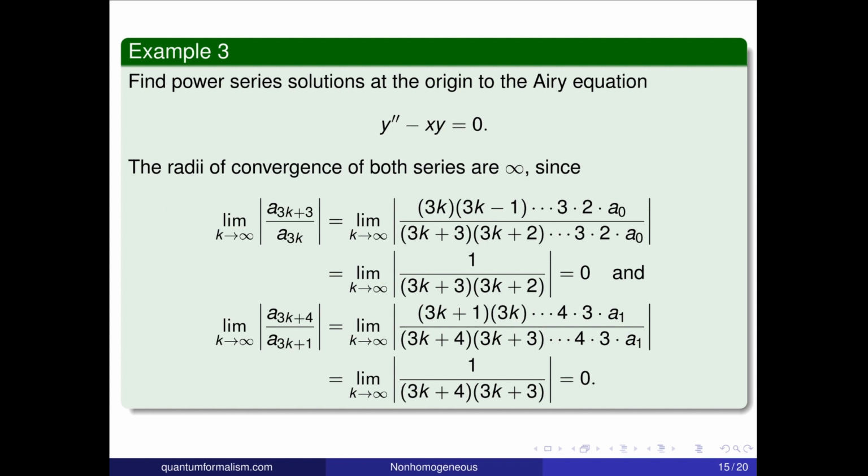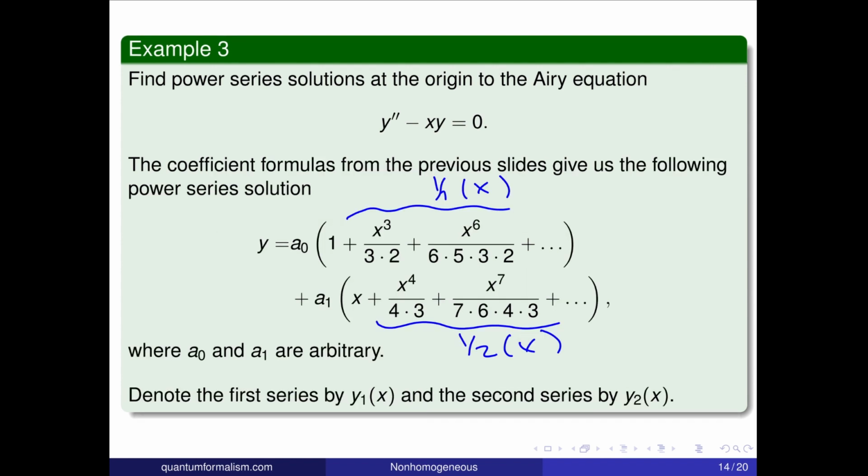So, if we divide consecutive coefficients of that power series, you can either have these a0s or not. I included them because I didn't want to bother introducing new notation for like a3k plus 3, but with the a0 divided out.